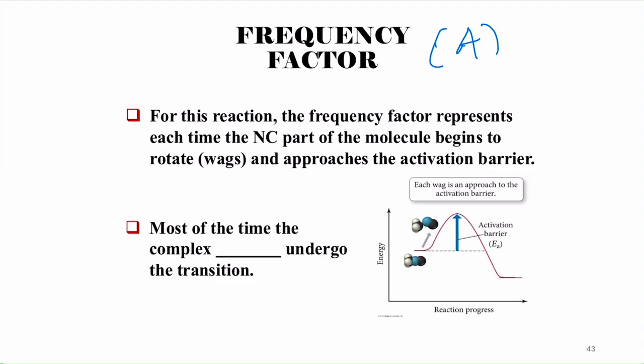And so the frequency factor, in this case, physically represents how often it wags, they say wag here, but it can be a wiggle too, right? So it's how often this molecule is wiggling such that you're getting this transition. So this is as we approach the transition state. If we look at the plot right here, you start to have a shape like this. This approach is related to the frequency factor.